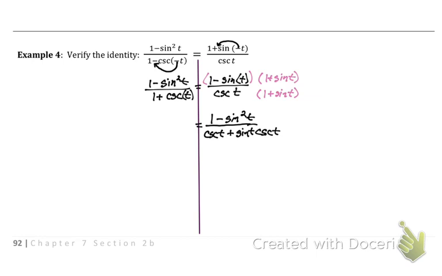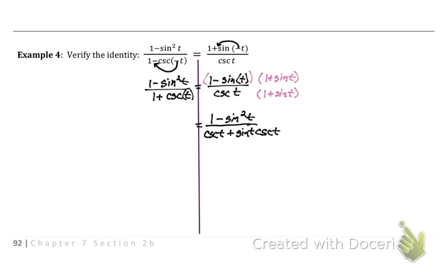We're really, really close. The big thing you have to realize here is, what happens when you multiply a number by its reciprocal? What's 2 times 1/2? 1. What's 4 times 1/4? What's sine times 1 over sine?